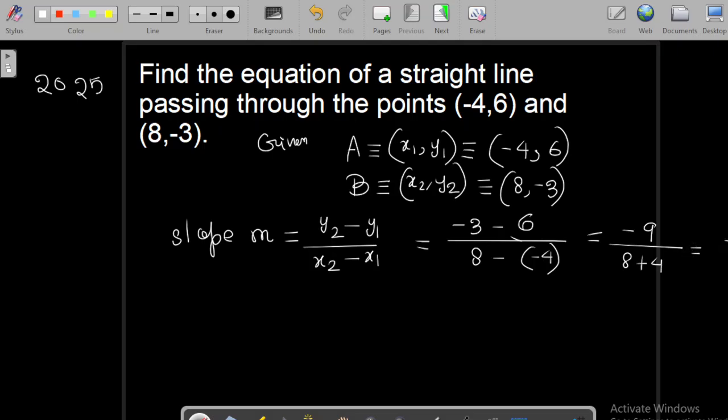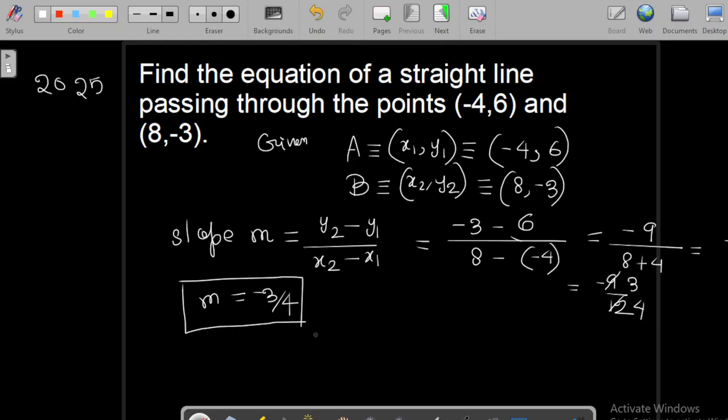That is -9 upon 12. So we have found out the slope of the straight line, which is -9 upon 12. We can reduce this by 3. So 3 3s are 9 and 4 3s are 12. So the slope is -3 upon 4. This is the slope of the straight line.